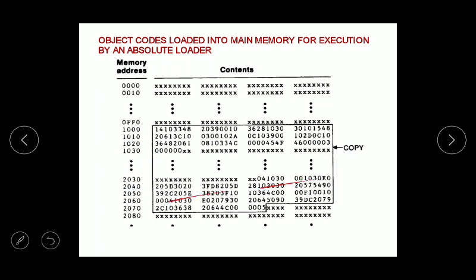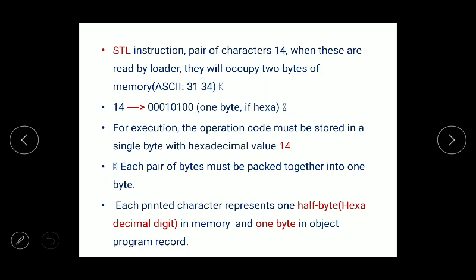So this is the snapshot of the memory which is seen by the loader. The loader has to load this object program into the memory for execution. This is just an explanation of how exactly the loader will treat the object codes. The STL instruction contains the pair of characters 1 4.